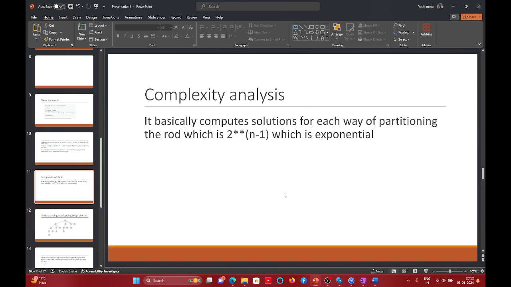So basically what it does is it checks all the possible ways of partitioning the rod. In this case, that would be 2 to the power n minus 1, which is exponential.